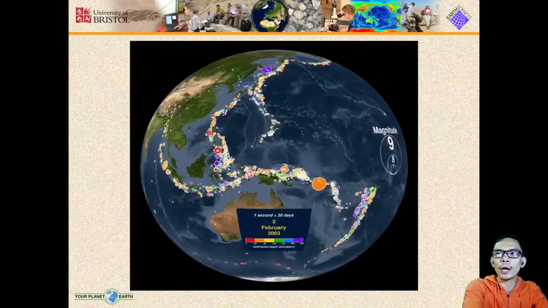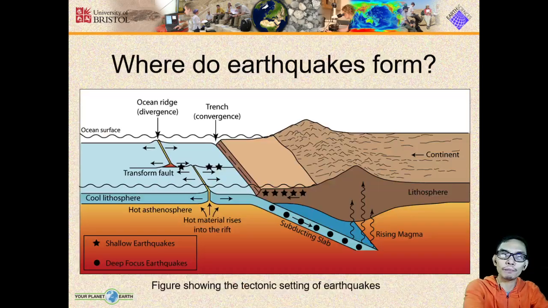As you can see, mountain ranges like the one that you have right here, let's have this one as an example, even though this will become a volcano, are formed when plates collide with each other. Examples are the Indian plate and the Eurasian plate, the African plate and the Eurasian plate, and so forth.